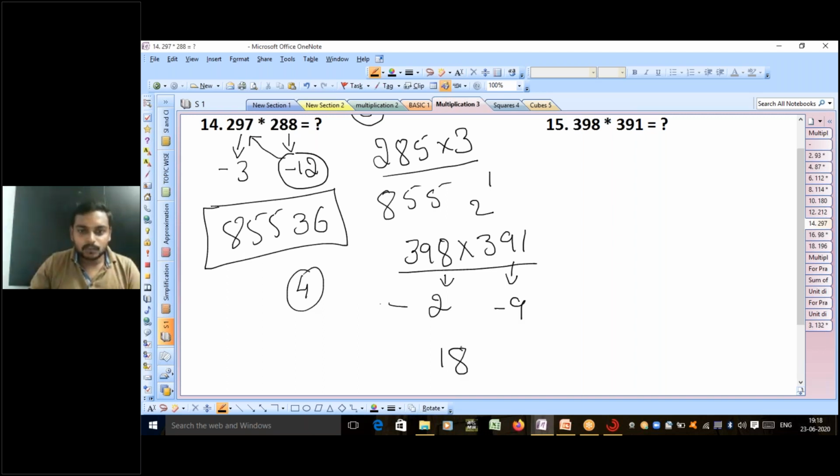Just subtract 2 from 391. You'll get 389. Just multiply 389 with 4. So if you multiply this with 4, we'll get 9 4s are 36. 3 will be the carry. 8 4s are 32 plus 3, 35. 3 will be the carry. 3 4s are 12 plus 3.